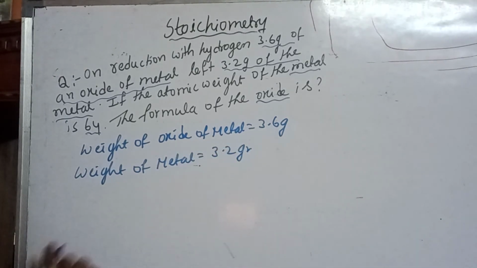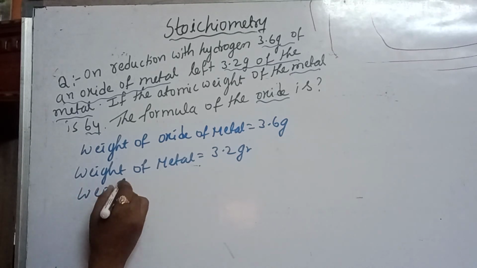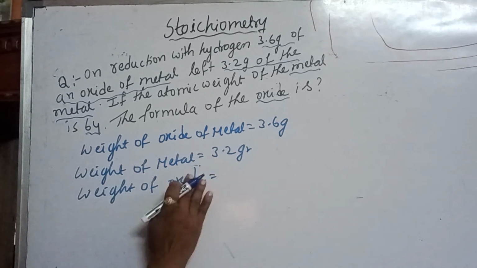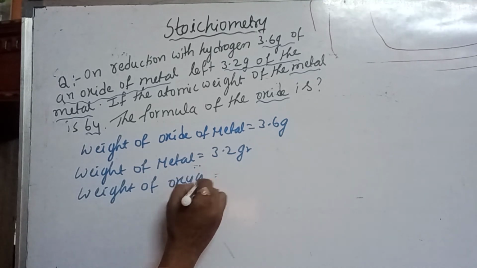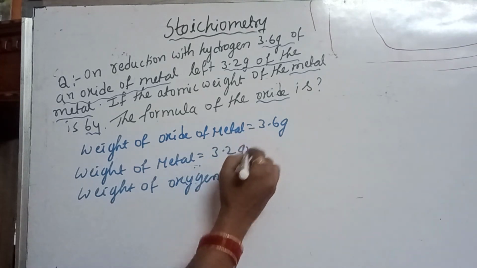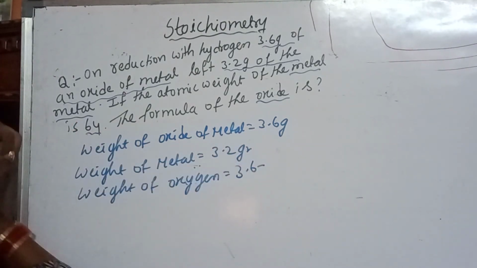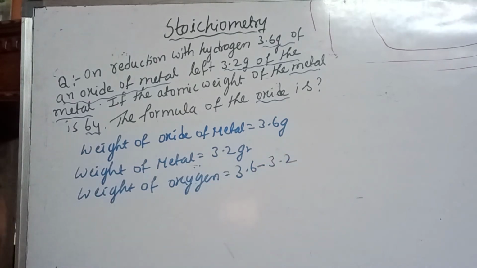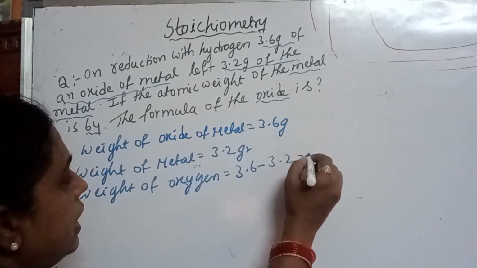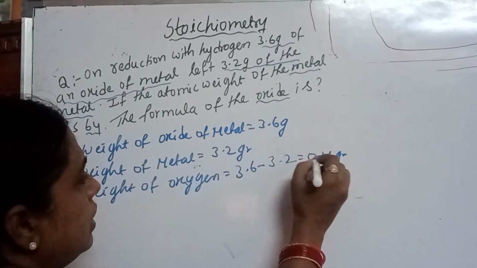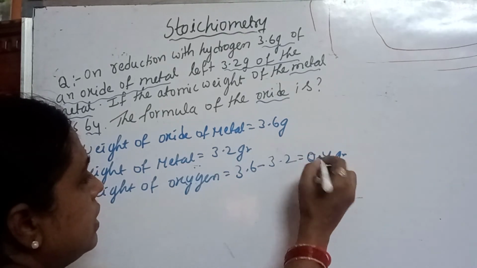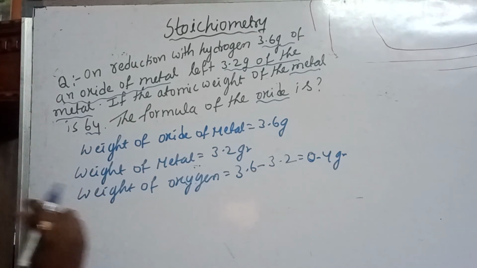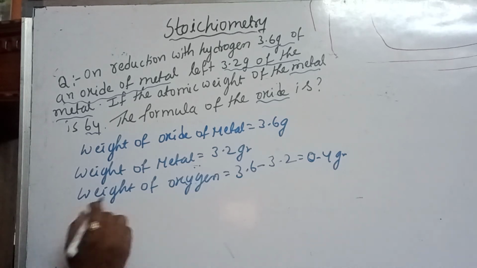From this data we can calculate the weight of oxygen. Your total weight is 3.6 minus the weight of the metal, 3.2, so we get 0.4 grams. So 0.4 grams is the weight of oxygen. From this we can calculate the metallic oxide formula.